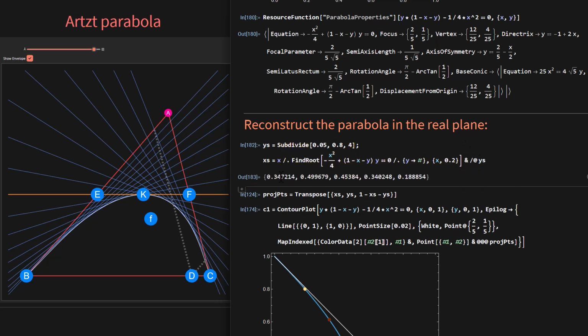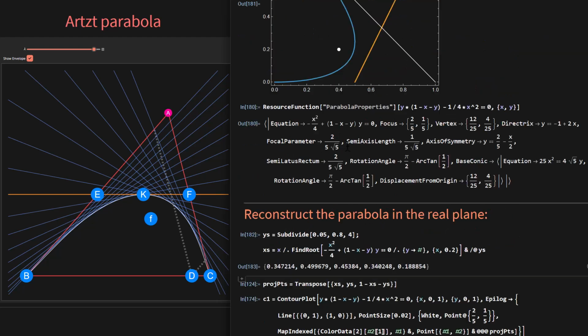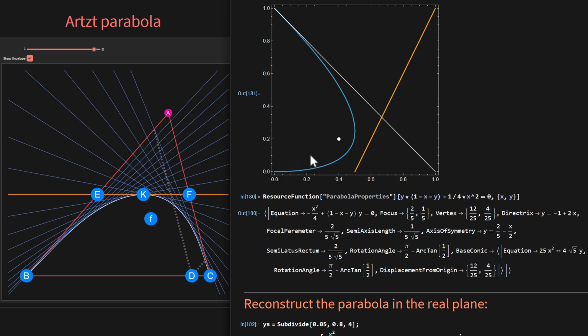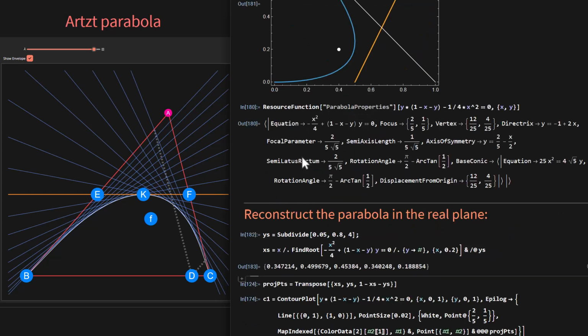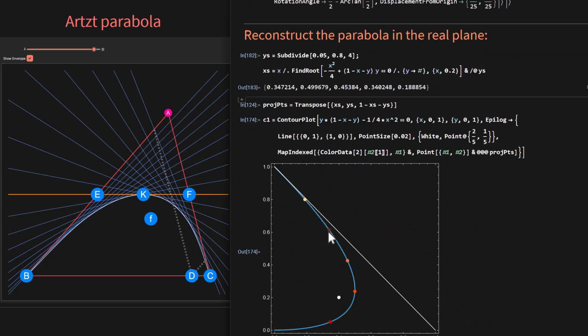Say I have 5 points from 0.05 to 0.8, which means I choose 5 points along the vertical line using the coordinate of y. And you can see that these points are color labeled, 1, 2, 3, 4, 5 points, because I really need to show you the correspondence between the points on this line and the points on this real plane.